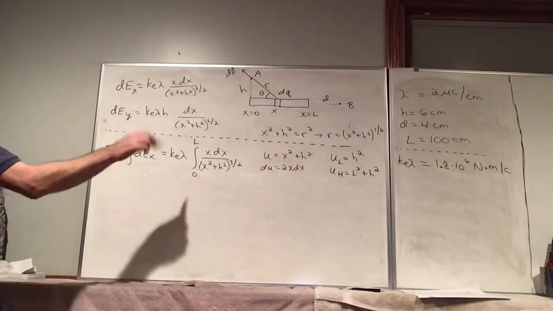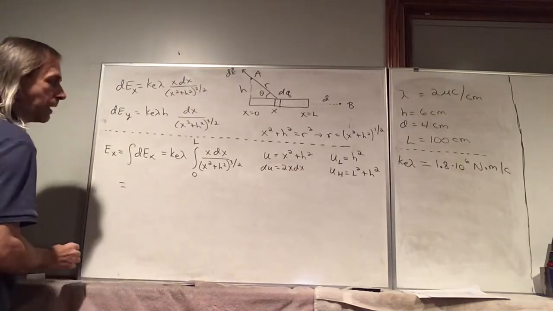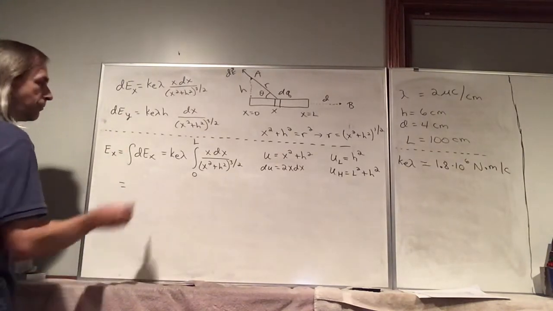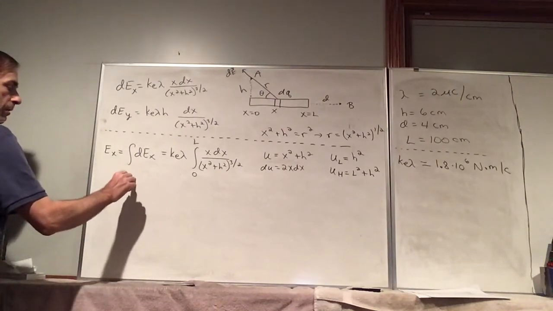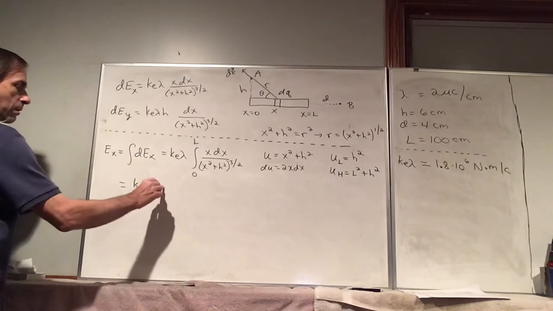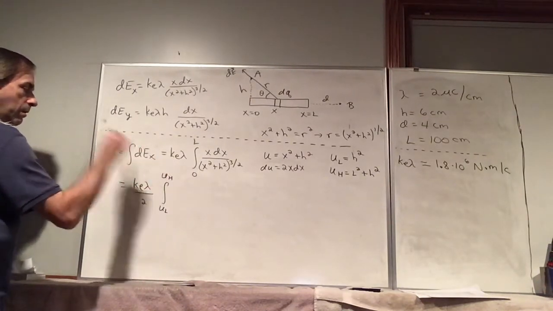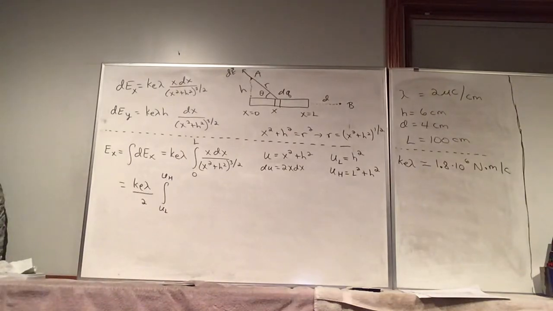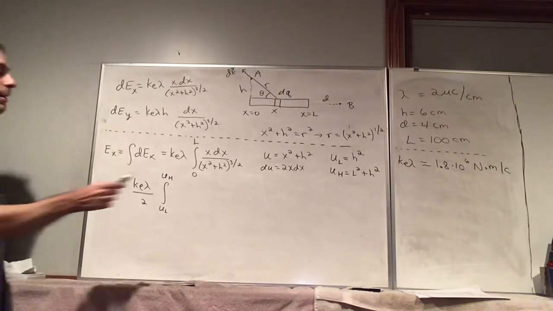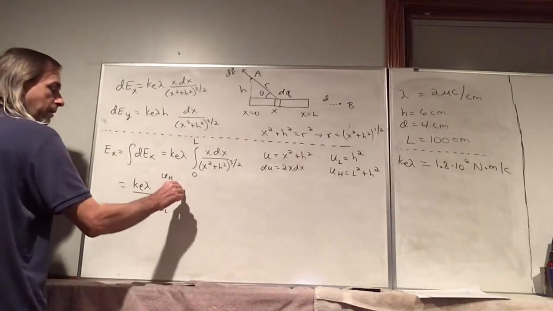So now let's make our substitution. x dx is 1/2 du, so we can bring the 1/2 in front. And again, we can just put our limits, ul and uh. We already took care of that, so we have du.